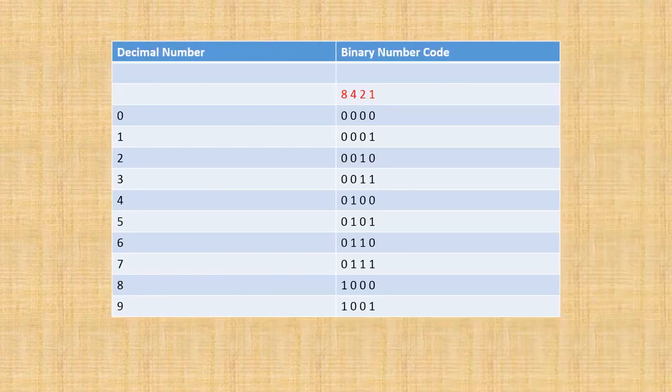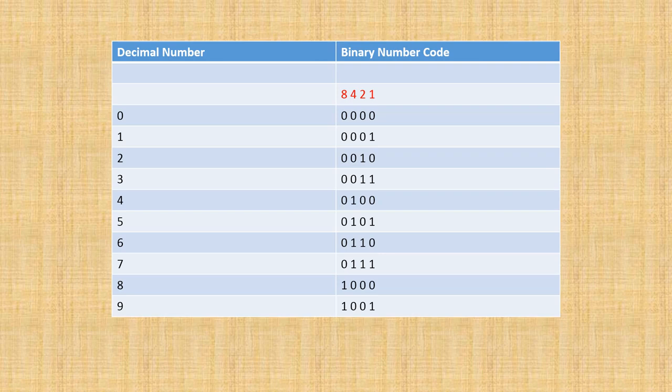In this way, we can find the binary code for any decimal number in 8421 system by putting 1 under the appropriate weight place. For example, to find out the coded value of decimal 0, we can say the weight of every place is 0.